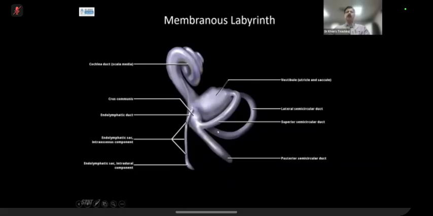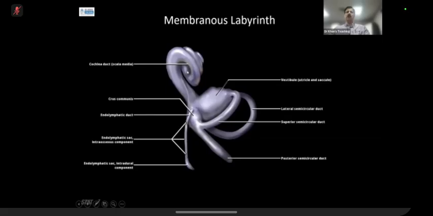Inside is a fluid-containing structure, which is known as the membranous labyrinth. Some of the names are common, for example, cochlea and vestibule. So there is a bony labyrinth, an exoskeleton, and an internal skeleton which has fluid. The fluid will be well seen on MR and the bony component will be well seen on CT scan.